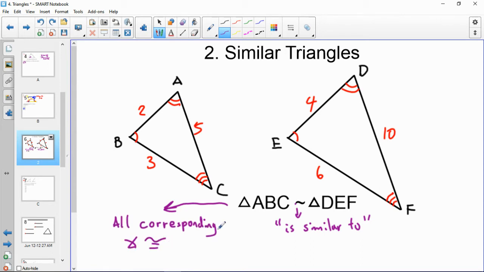So when I say corresponding angles, I'm saying B matches with E, A matches with D, and C matches with F. And if you know that 2 triangles are similar, then all those matching angles are going to be congruent. And likewise, if you know that all these matching angles are congruent, then the 2 triangles must then be similar.